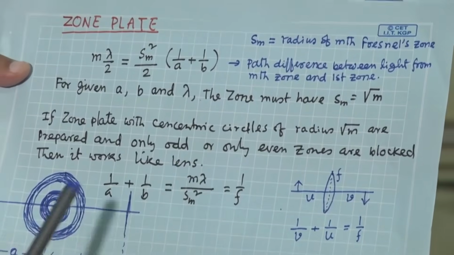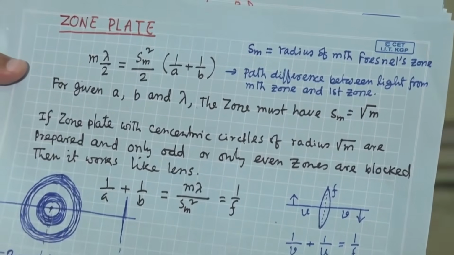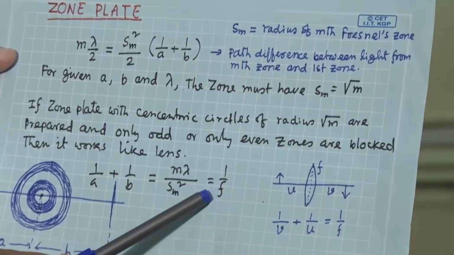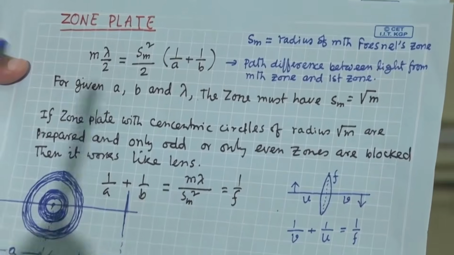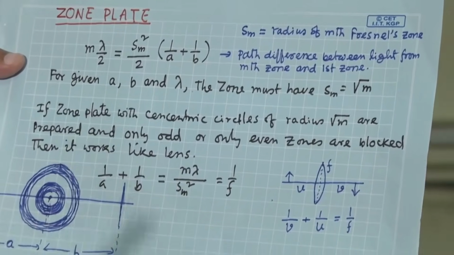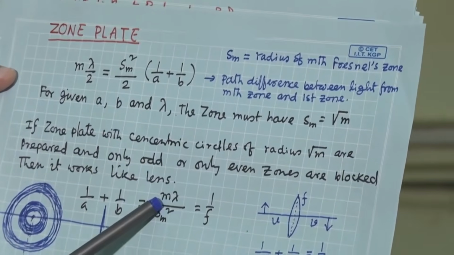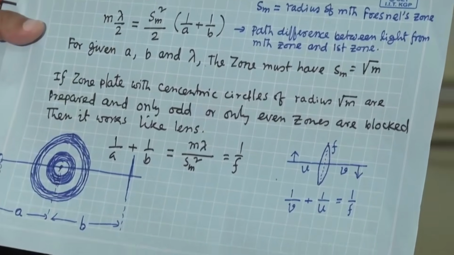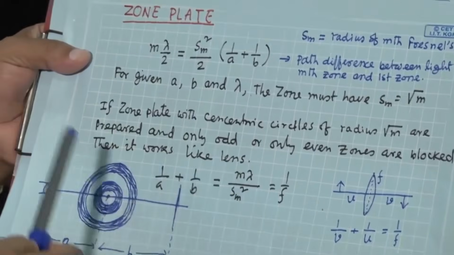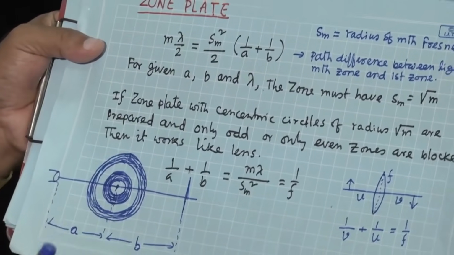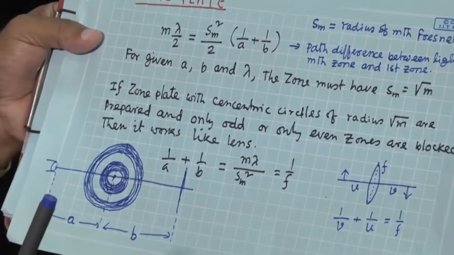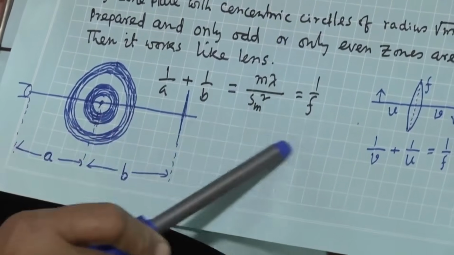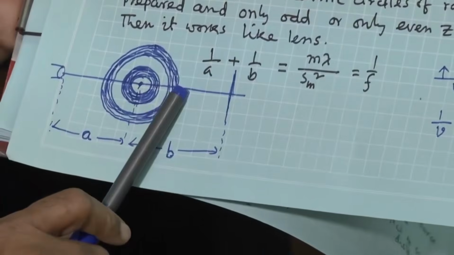It is not one focal length; you will get m number of focal lengths for a particular zone plate. That's why we call this a multifoci convex lens. So this relation is in your hand.